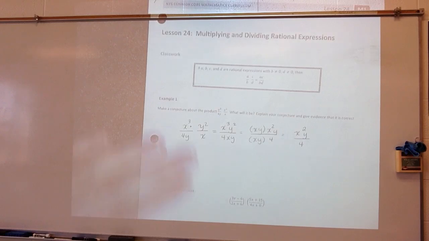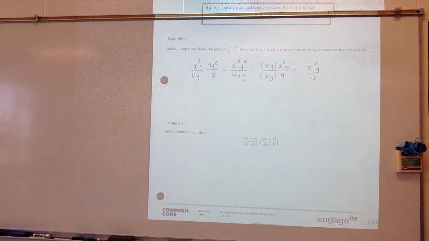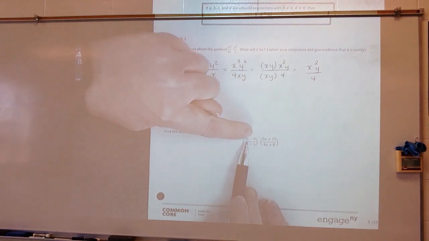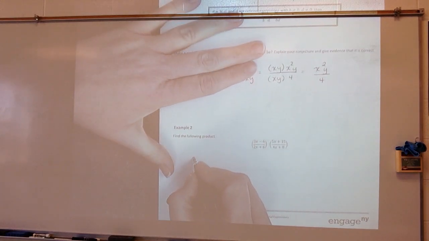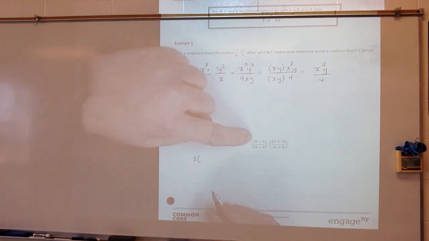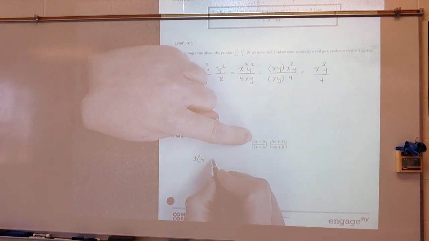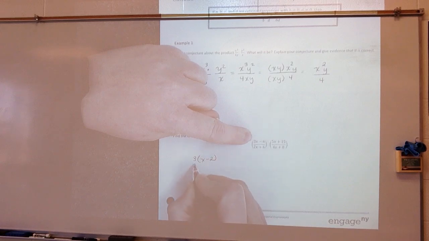Let's look at example number 2. Find the following product. So it's telling me to multiply. The first thing we're going to do is maybe factor out something. We want to make this as simple as we possibly can. So let's look at this. 3x minus 6, I can pull out a 3, and I get x minus 2.